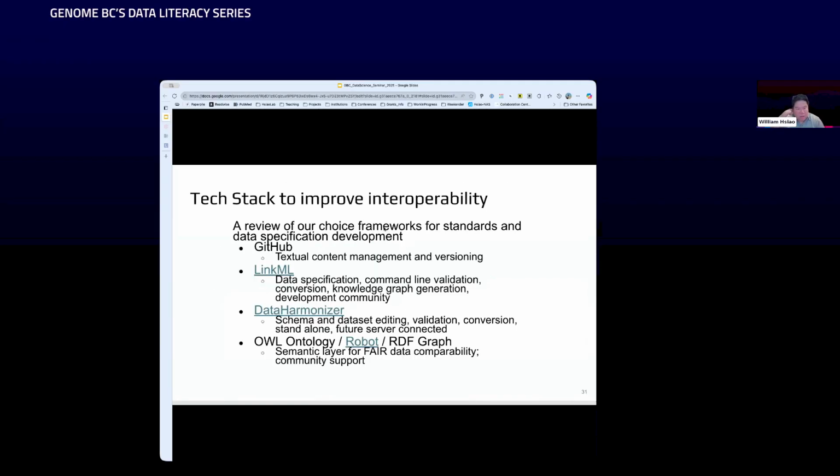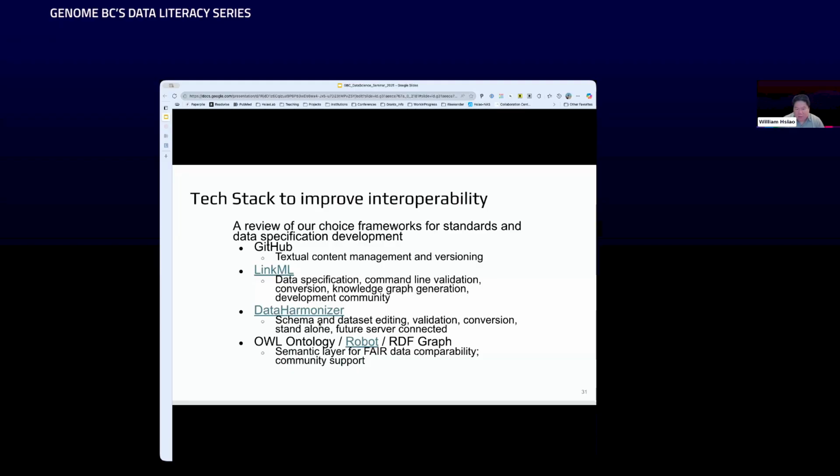So over time, we have developed the entire tech stack to improve interoperability. These are our chosen framework for the standards and data specification development. We use GitHub or a similar online repository to store our code and to make the textual content available, again open source and publicly available. And we use LinkML to describe the data in a machine readable way.